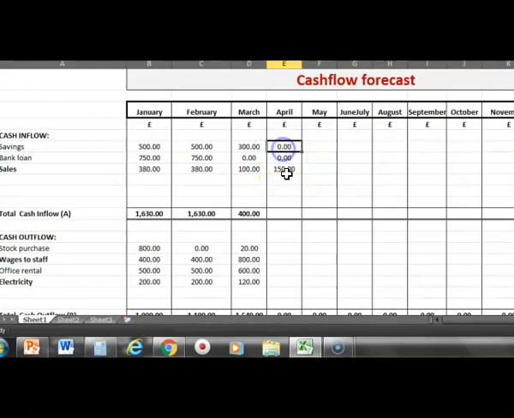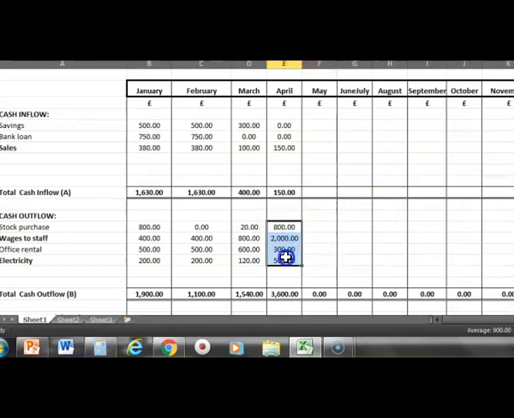Okay, so April they have this. And then they purchase something for £800, and they pay £2,000 for wages. Maybe they had more staffing that month, and the rental goes down for whatever reason to £300, and electricity they pay £500. So when we put all these together, it comes to 3,006.